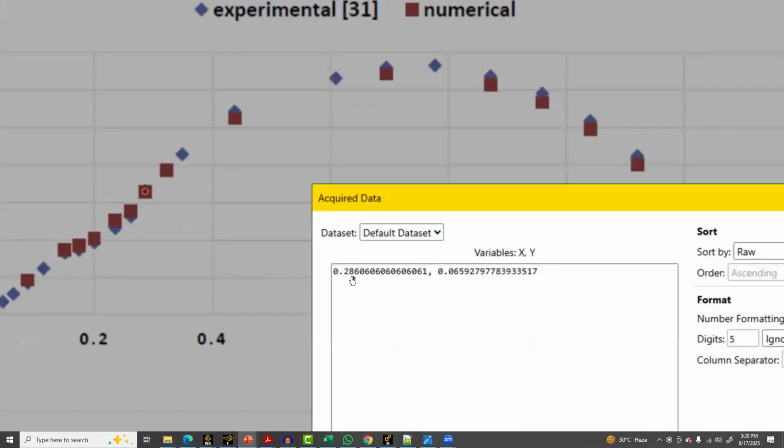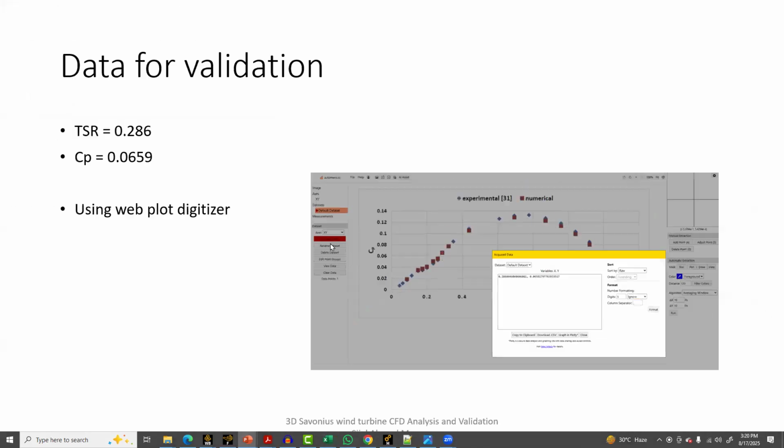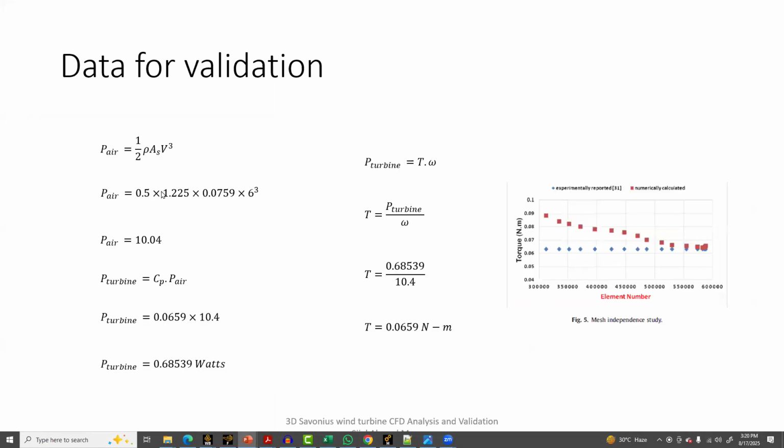So at approximately 0.286, the value of CP was 0.0659, so around 0.066. And then from the CP, I reverse engineer again. From reverse engineering, I have the power in the wind. Then the power the turbine is producing is CP times P air.